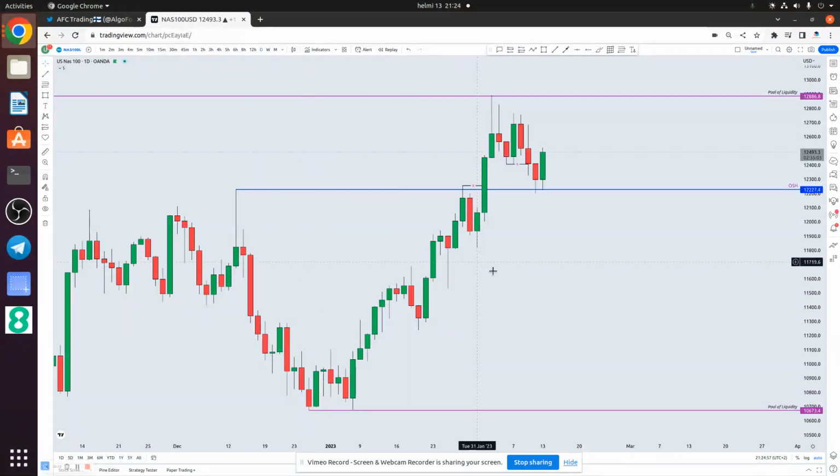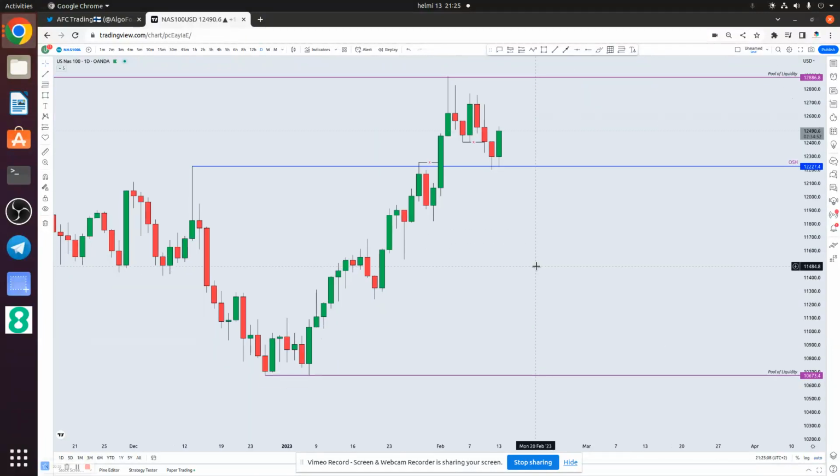Now, think of it. If this was previous day's high, this is the daily, but just imagine if this was the previous day's high and you're waiting for a reversal. You would wait for price to come, break this structure, and then we return in here, right?